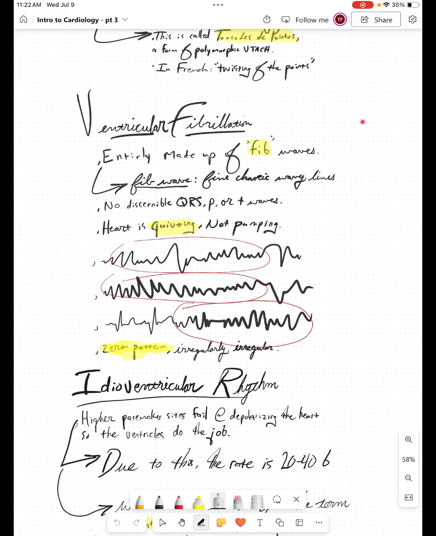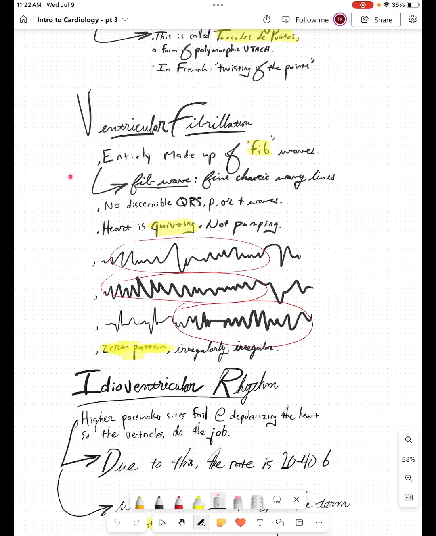Think fine chaotic wavy lines. There's no discernible QRS. It's not necessarily wide or narrow, it's just chaotic, fine, wavy lines. There's no P and no T waves. Again, this is quivering, it's not pumping.